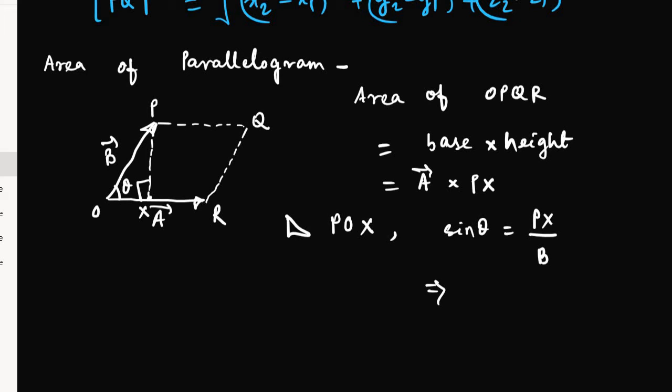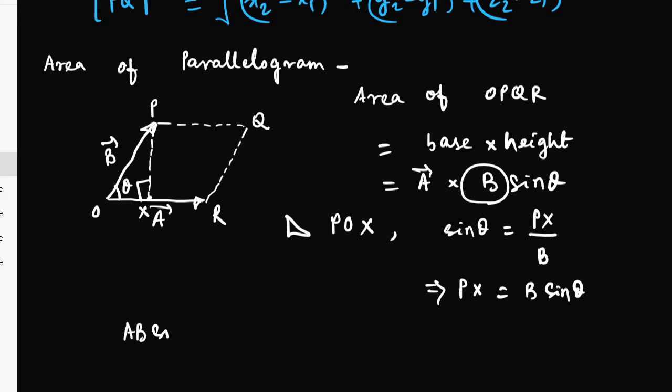So PX is actually B sine theta, which I need to write. So simply putting B sine theta instead of PX, I can describe the area of a parallelogram as A B sine theta.